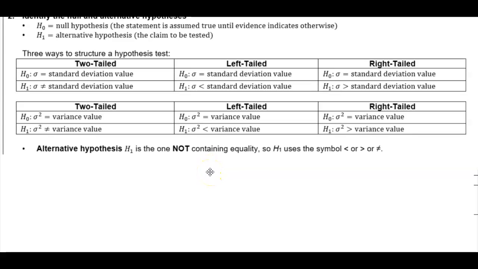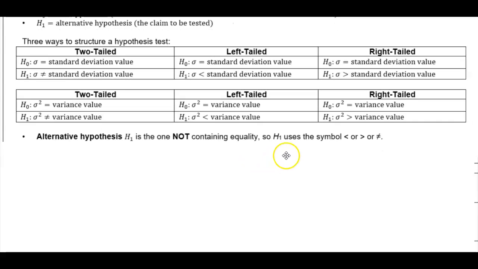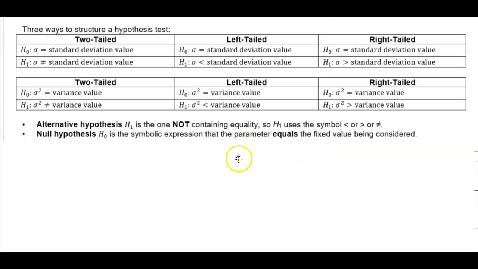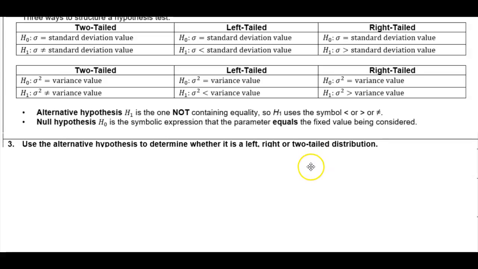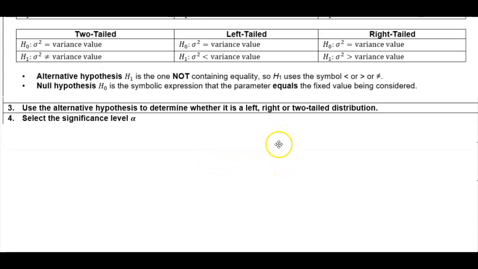So the alternative hypothesis is the one not containing equality. The alternative hypothesis uses the following symbols: less than, greater than, or not equal to. The null hypothesis is the symbolic expression that the parameter equals the fixed value being considered. Number three, you're going to use the alternative hypothesis to determine whether it is a left, right, or two-tailed test.